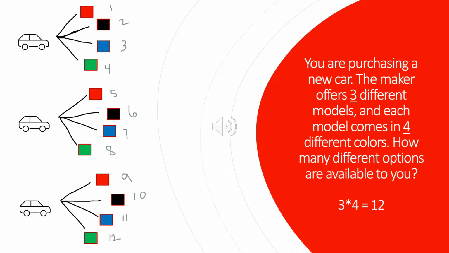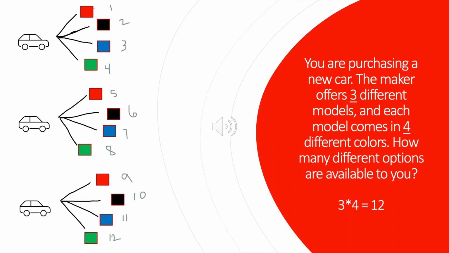So when you're going to make this purchase, you actually have 3 choices for the model and 4 choices for the color. So I've drawn a tree diagram to the left and shown for each of the 3 models, I have 4 color choices, and thus in total, I have 12 different options available to me.